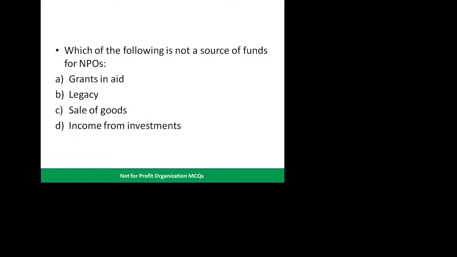There will be no kind of investments in any NPO. It does not focus on investments, so there is no income from investments. It is not a source of income for NPOs.